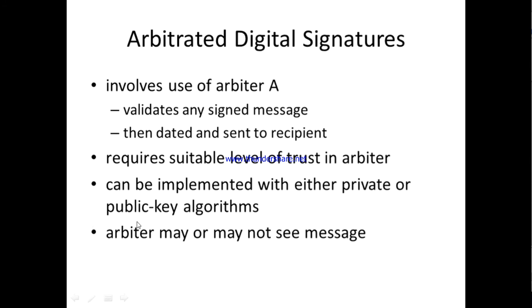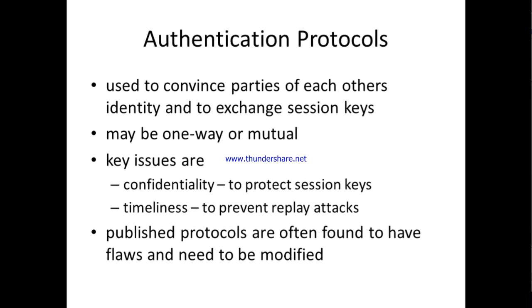But if the arbiter is not allowed to view the message, then we can go for the public key algorithm, okay? If it is a private key algorithm, the arbiter must also have the secret key. Clear? If it has the secret key, it can view the message content, right? So in that way this arbitrated digital signature can work.